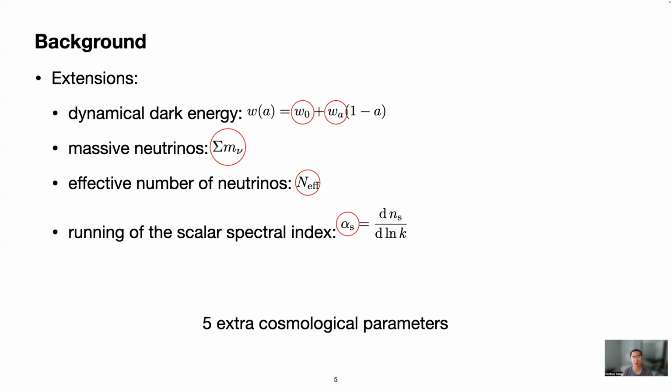The parameter is the total mass of all neutrino species. And the third one is the effective number of neutrinos in the early universe, Neff, and also the running of the scalar spectral index, alpha_s. We take into account 5 extra cosmological parameters here.